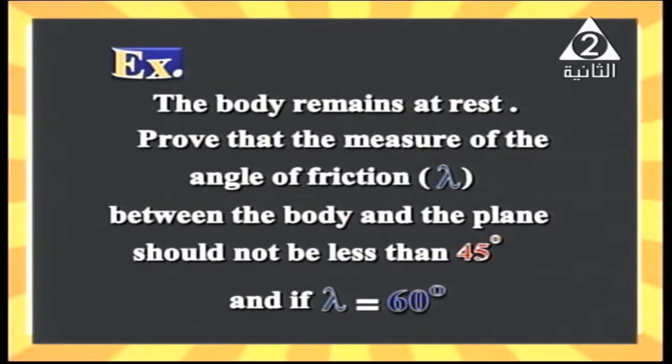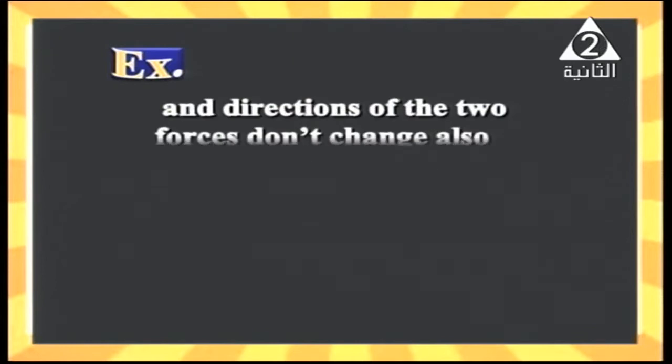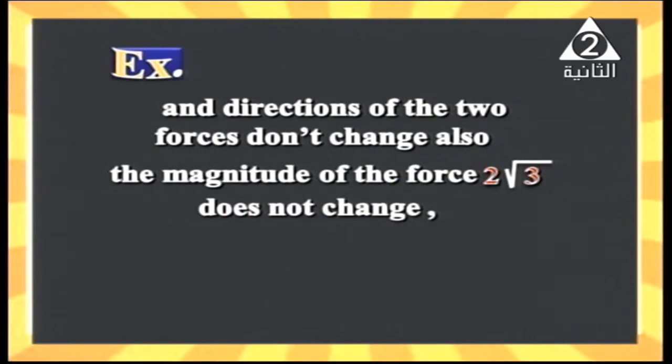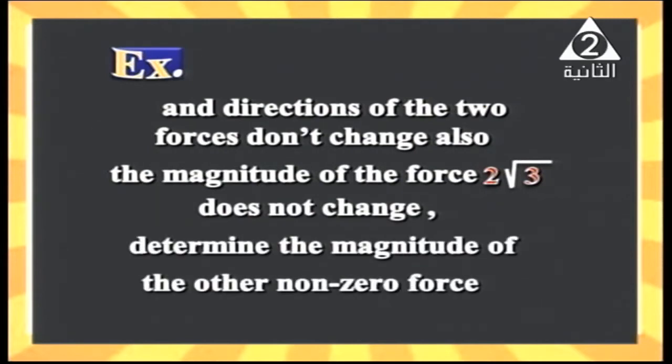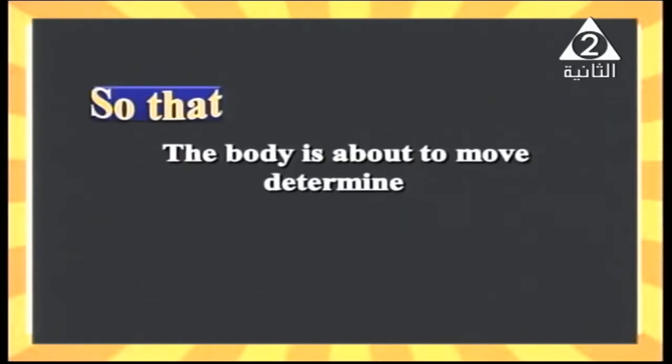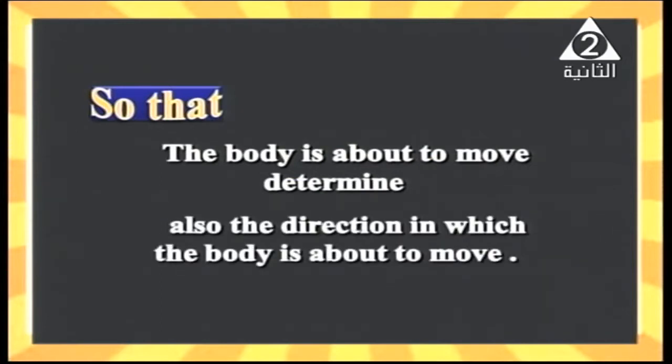And if lambda equals 60 degrees, and the directions of the two forces don't change, also the magnitude of the force 2√3 doesn't change, determine the magnitude of the other non-zero force so that the body is about to move. Determine also the direction in which the body is about to move.